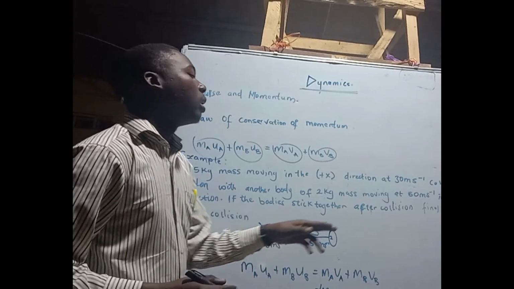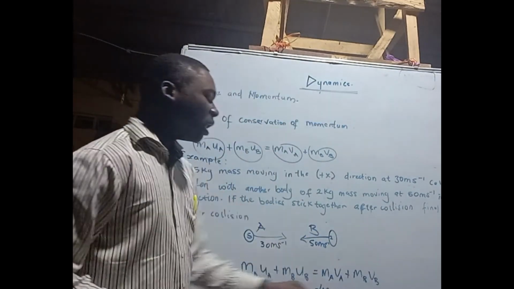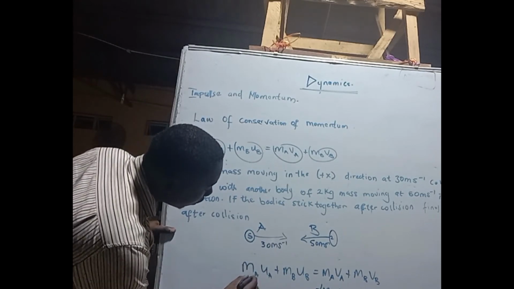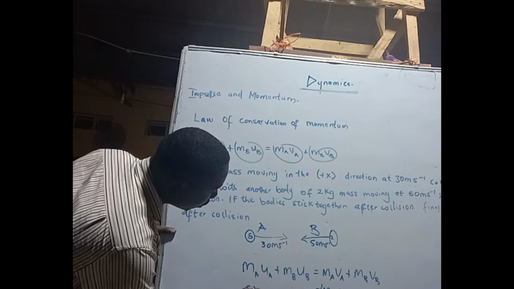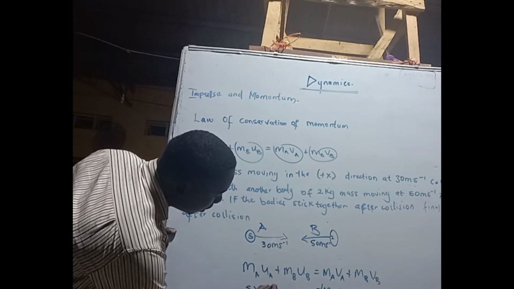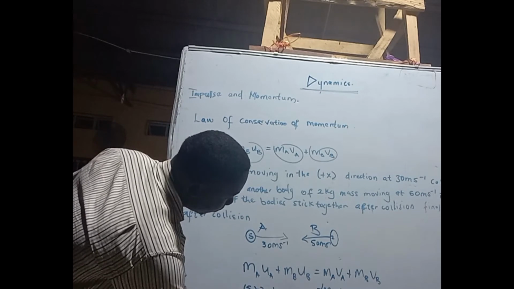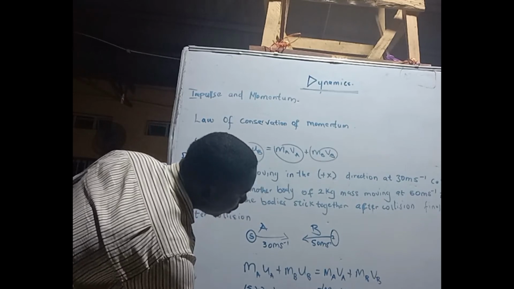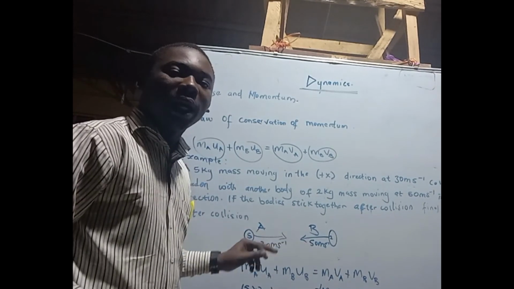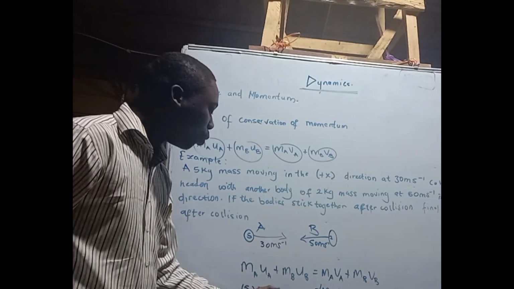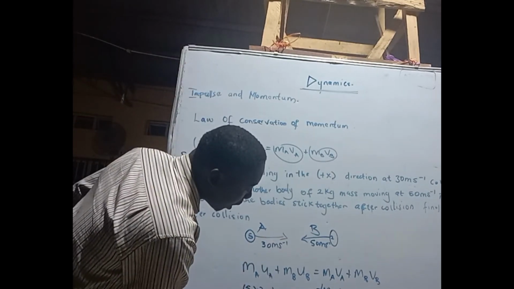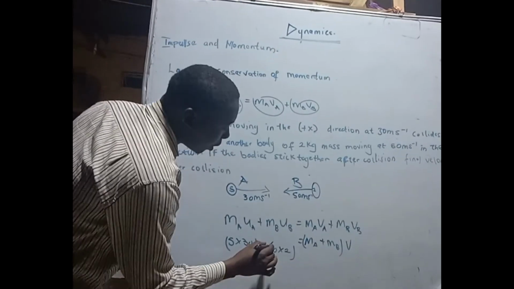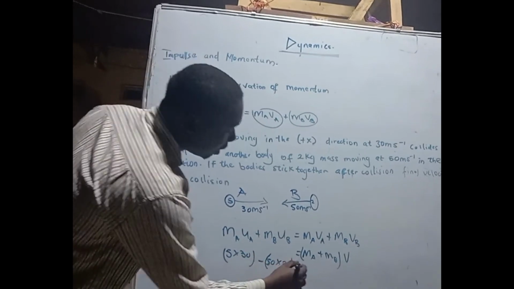So we are told to calculate the velocity after collision. This is the V. So our mass and initial velocity, that's 5 multiplied by 30 plus 50 multiplied by 2. But since this one is coming in the opposite direction, it will negate it, so it will carry a negative sign, to show that it is negating it.